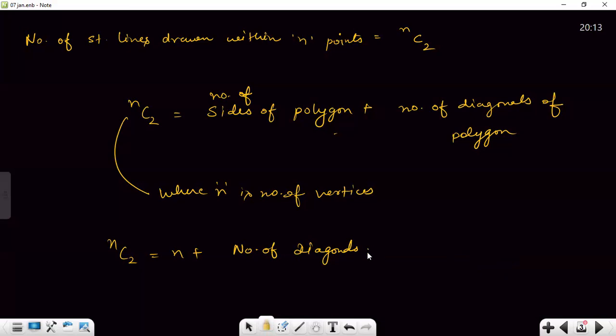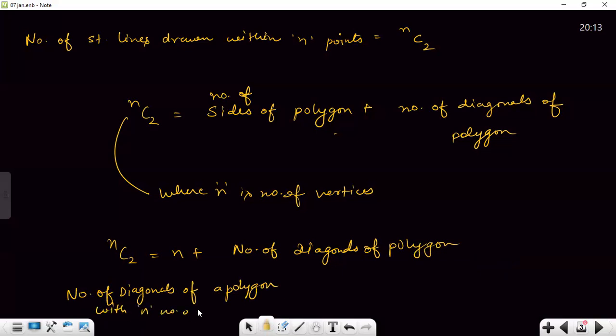So if we have to find out the number of diagonals of a polygon with n vertices, then we may write nC2 minus n.